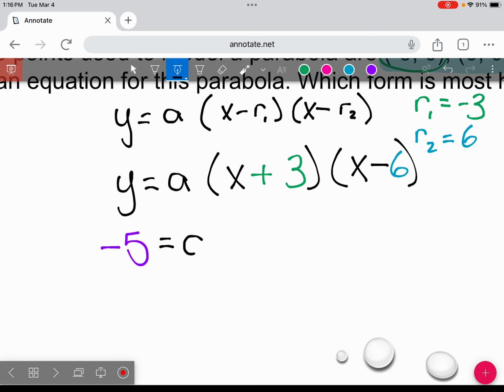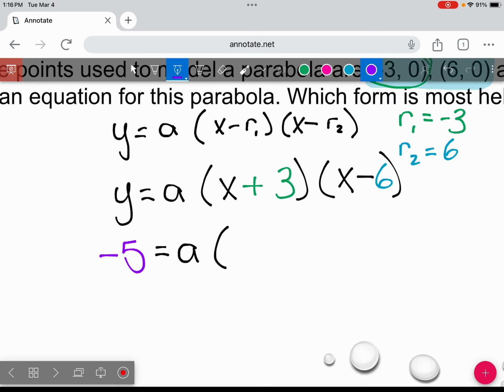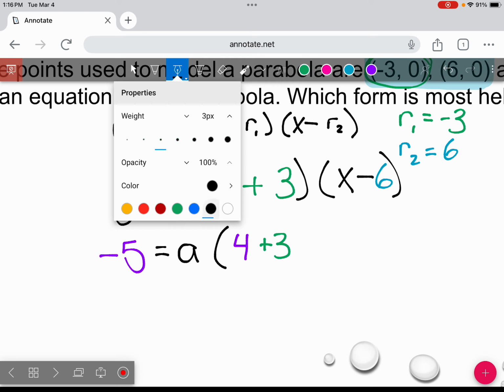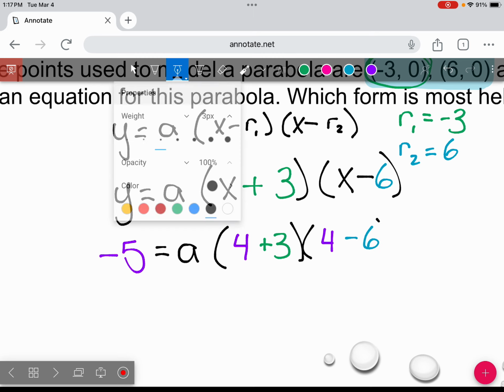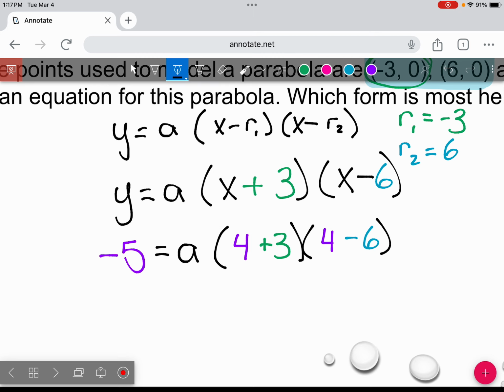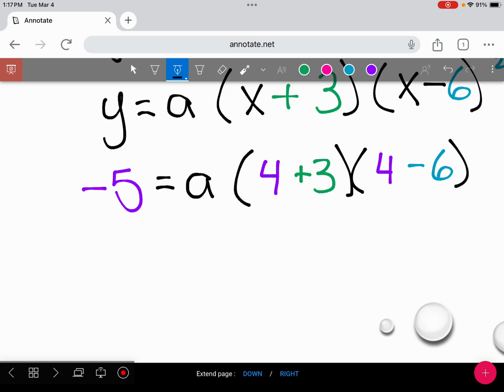And then we have our a, substituting in our x, which is that 4. So 4 plus 3, and 4 minus 6. Now is there stuff I can simplify?